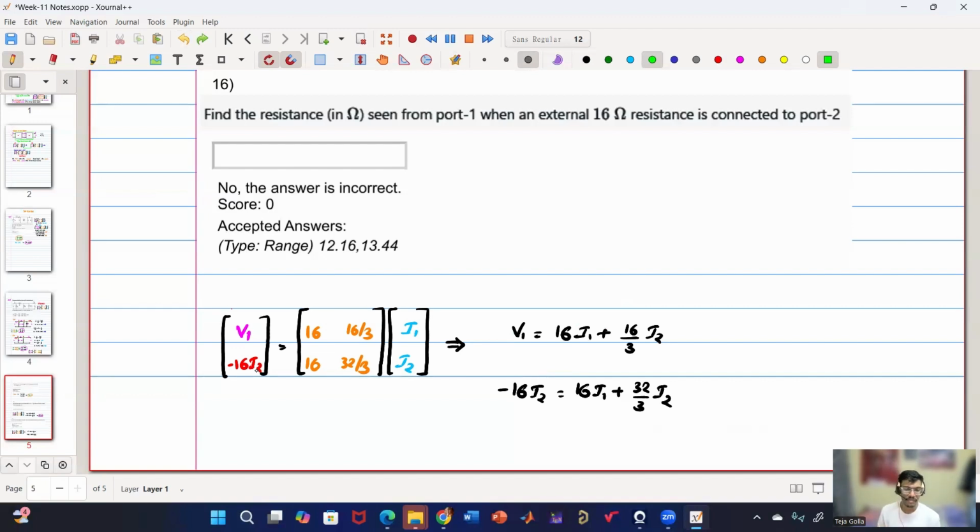V1 by I1 is equal to Z11 only when I2 equals 0. Otherwise, V1 by I1 is not 16. It is something else, some other term is also there. So you have to solve for V1 by I1 and let me know the value.